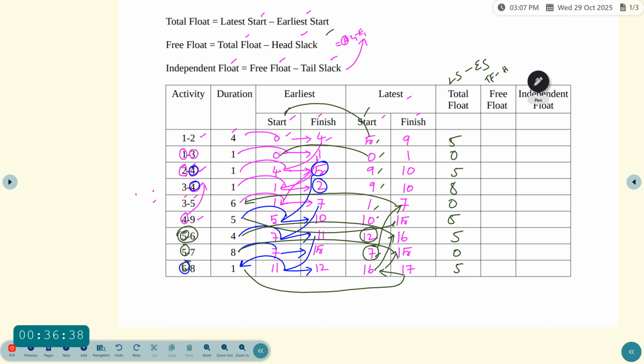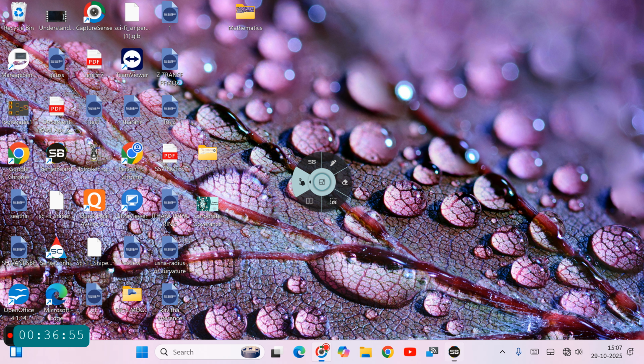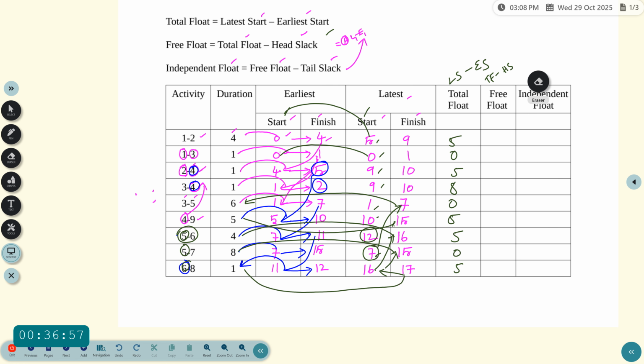Head slack. Head slack means you see the activity, which one is the head. This side is your head and this one is your tail. So the starting event is the tail and the ending event is the head. See the next one, free float using the formula TF minus head slack.